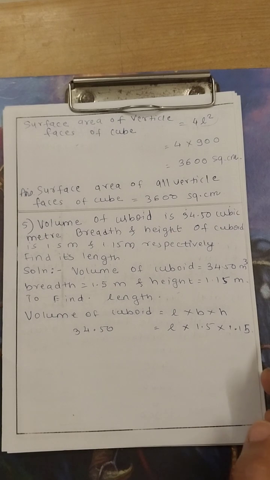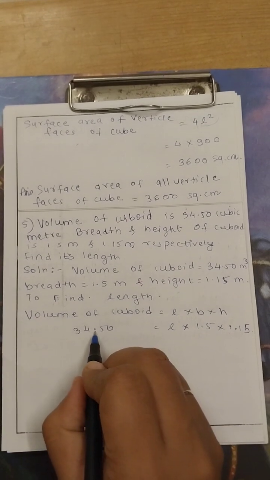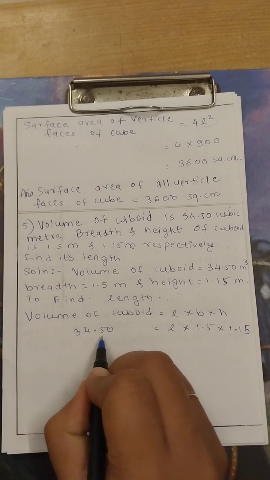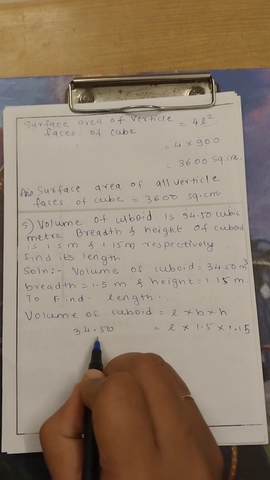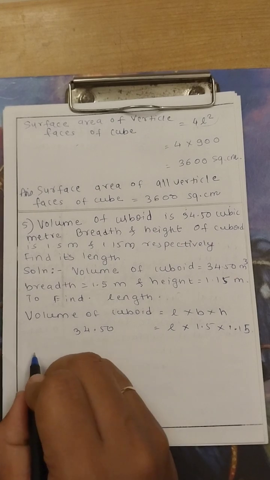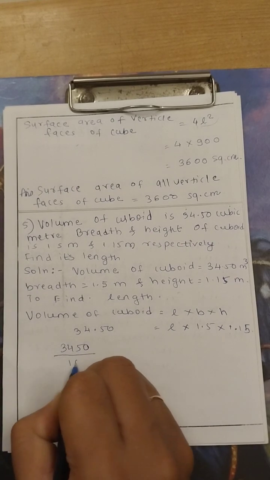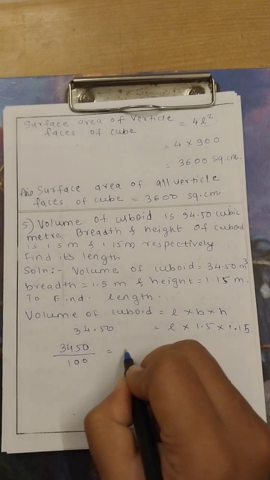Okay. So there is one shortcut trick to find out this value. See, in the volume of cuboid, after point there are 2 digits. So can you write 3450 upon 100? Yes, you can.